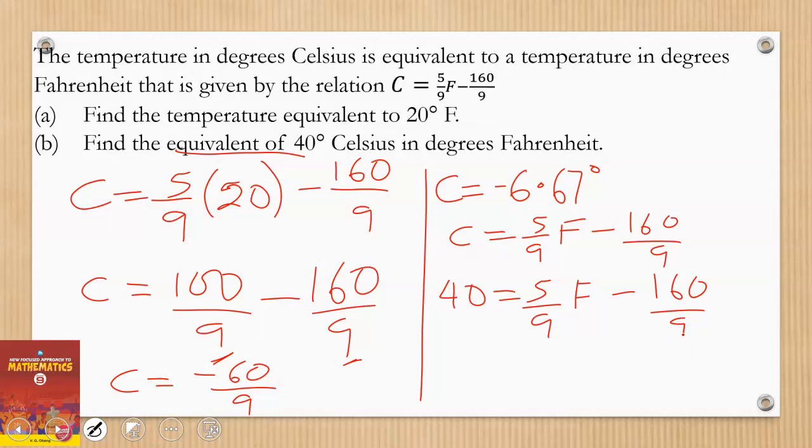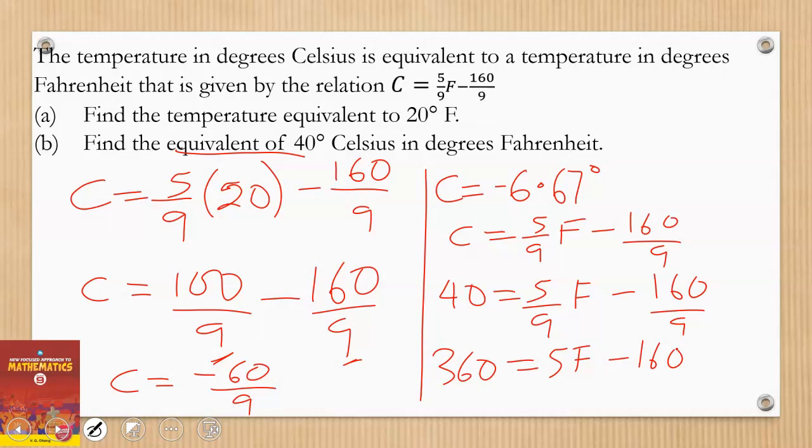So how do we do that? We can do simple arithmetic here, or maybe an equation. We are trying to make F the subject as we've done already. So I can choose to multiply through by the LCM, which will be 9. Multiplying everything by 9 will give us 360 equals 5F minus 160.